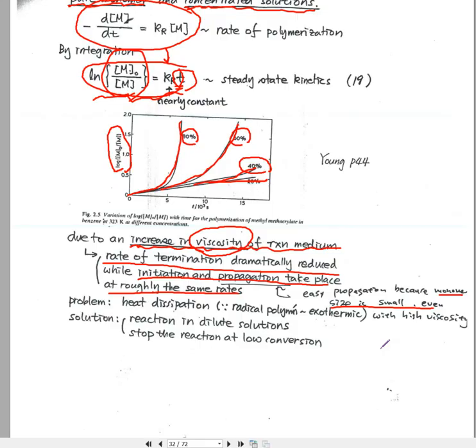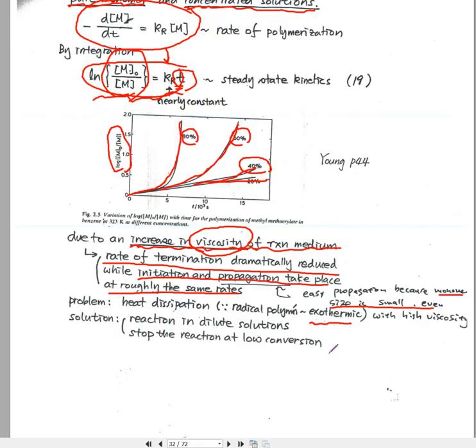But the problem is this polymerization process, especially the propagation process, is exothermic. So we really need to dissipate, to remove, this generated heat.